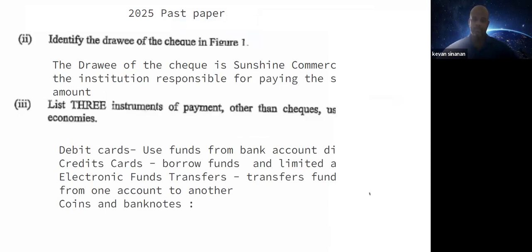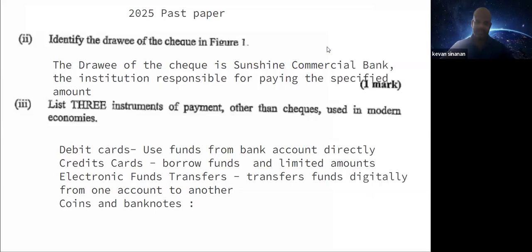And the three instruments will be debit cards, which is funds from the bank account deducted directly, or credit cards, which will be borrowed funds, and it's a limited amount. And we could also use electronic funds transfer, coins and banknotes.